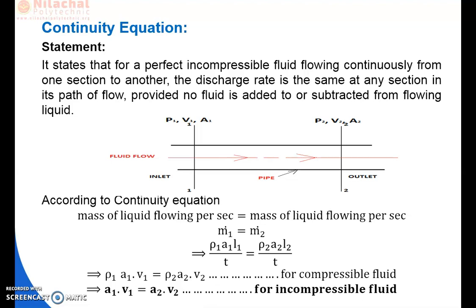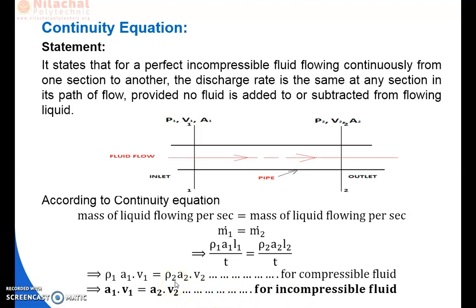We have two types of fluid, compressible fluid and incompressible fluid. For compressible fluid, the density of liquid does not remain constant, so we consider the values of rho 1 and rho 2. But in case of incompressible fluid, the density remains constant, so rho 1 is equal to rho 2.